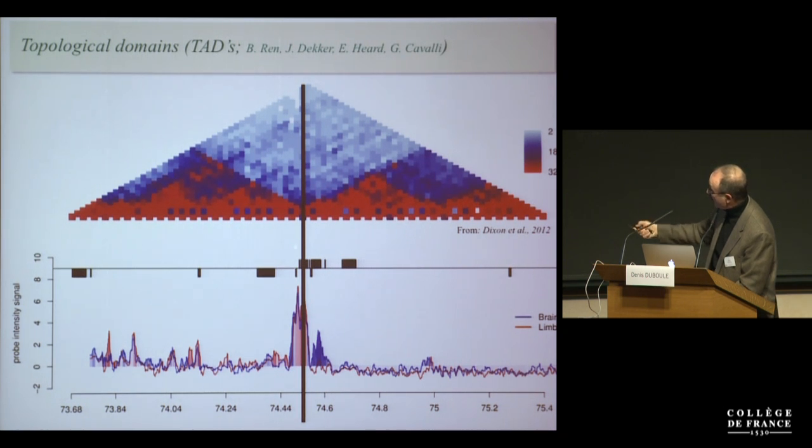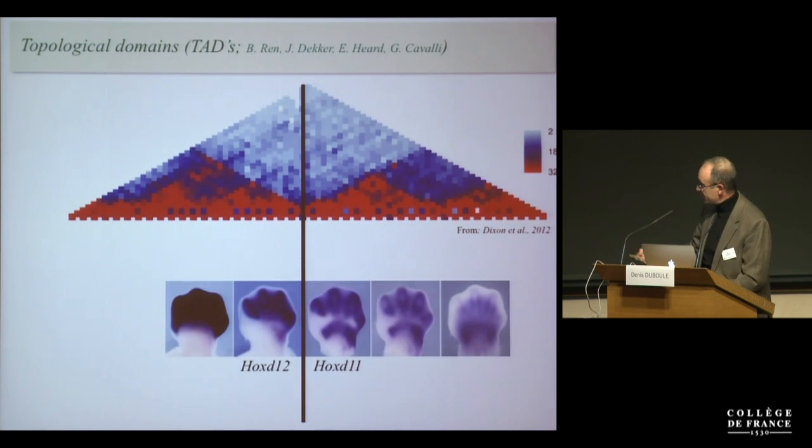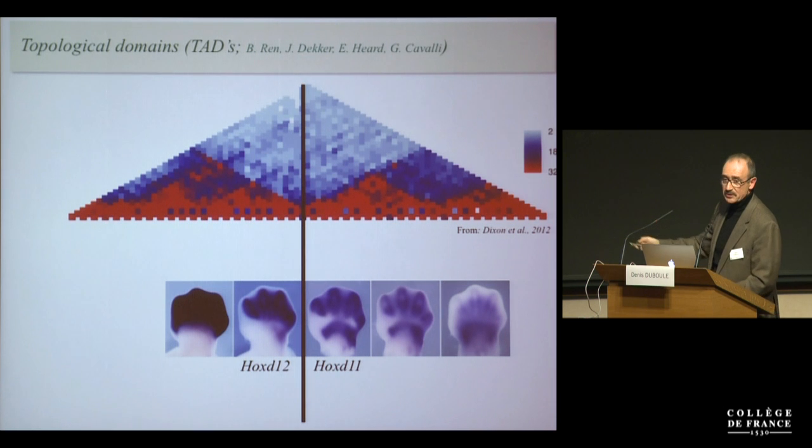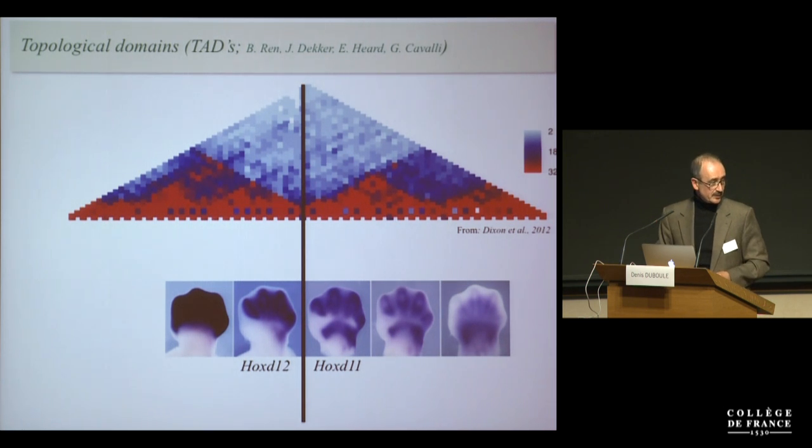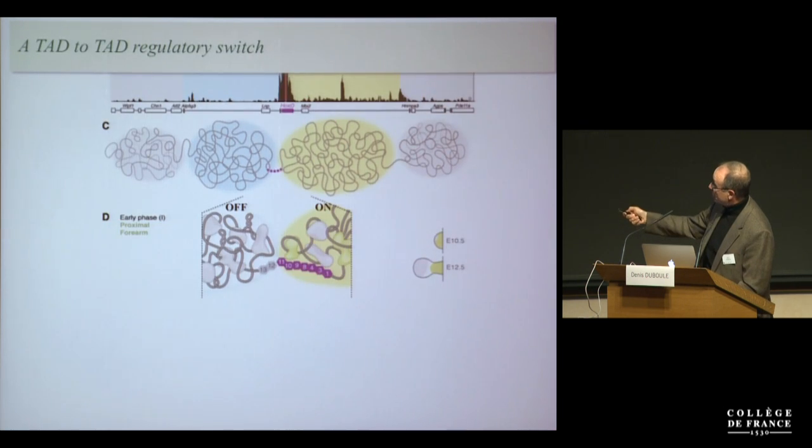And if you look at where this boundary maps within the HoxD cluster, you see that it exactly matches the difference between those genes expressed in the arm and the forearm part here, and genes not expressed, number 12 and number 13. Okay? As if enhancers which are there, specific for forearm, would be forbidden to cross and activate the genes which are on the other side of the boundary. So the way we see the system now is as follows. We have these two TADs.